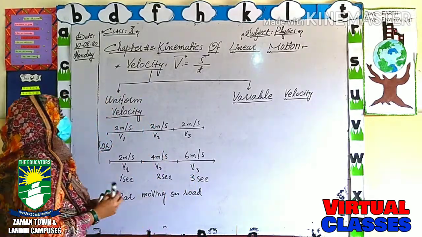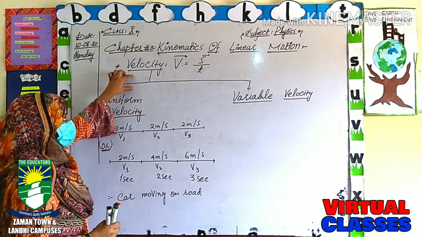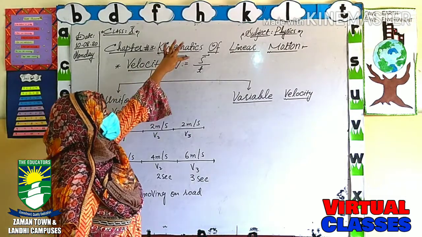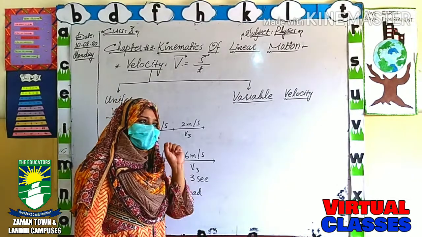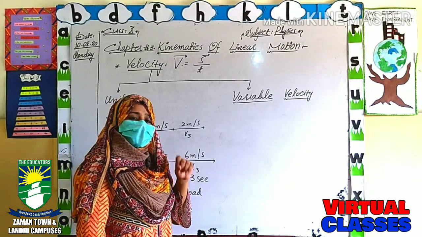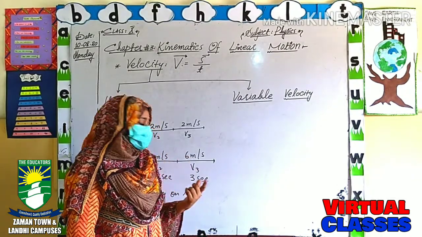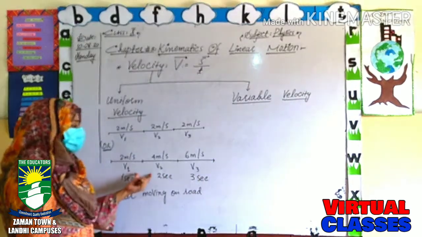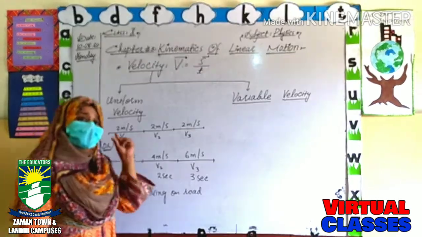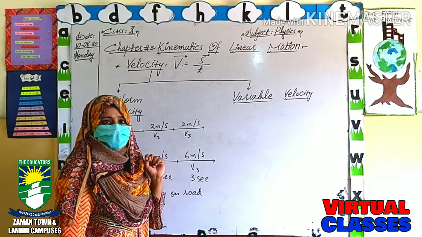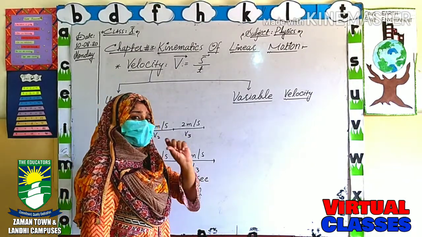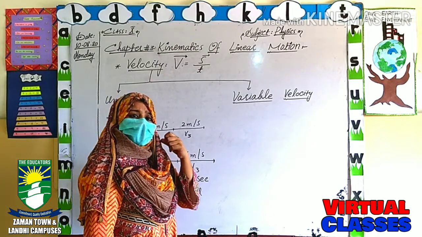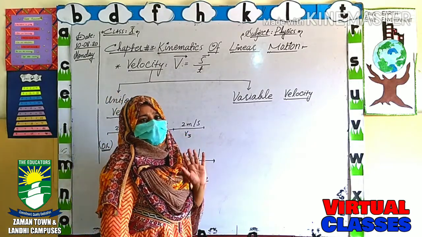Now in case of uniform velocity, as we define velocity as displacement covered by the body per unit time in a particular direction, the condition for uniform velocity is that the velocity should not change and the direction should not change as well. Means if the car is moving in the forward direction, it should keep moving in the forward direction.